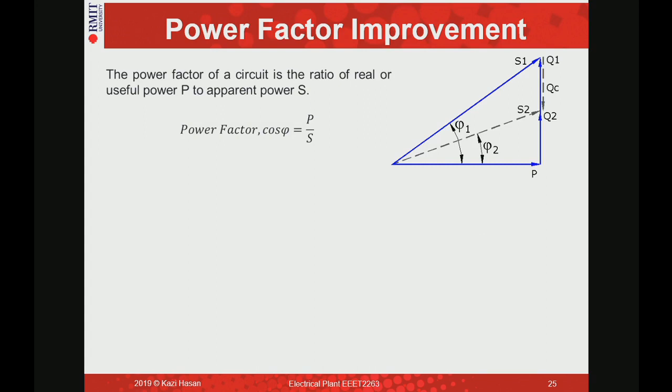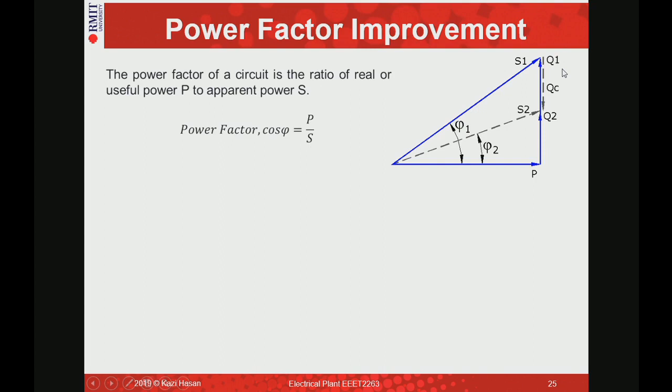Now, how do we calculate power factor improvement requirements? The power factor is the ratio between real power and apparent power, and this is the power triangle. On the x-axis we have our reference, real power, then reactive power Q, and apparent power S is the resultant of these two.